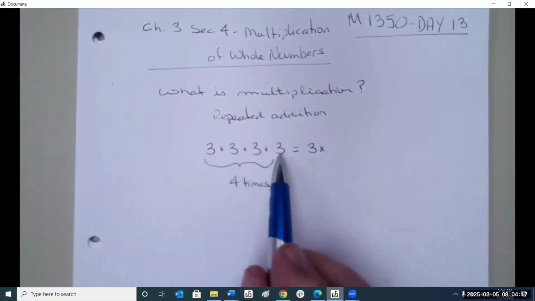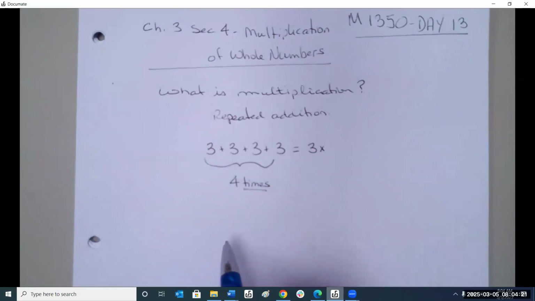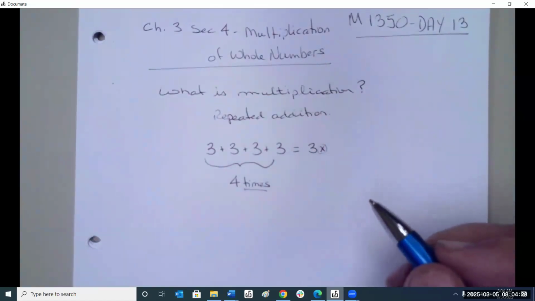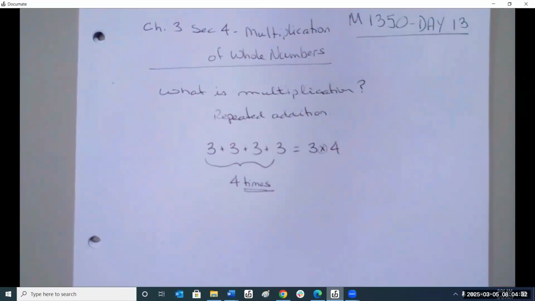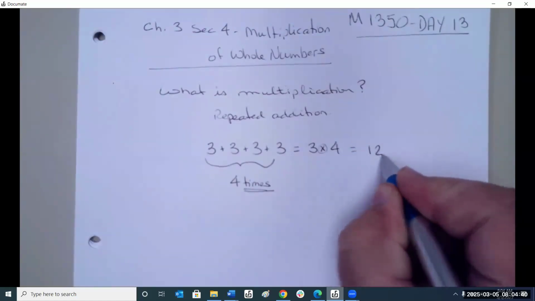Since it repeats itself four times, the multiplication concept is 3 times 4. That's the reason they got that word for it. It repeats itself 3 times or 5 times. That's why it's 3 times 5. This equals 12.